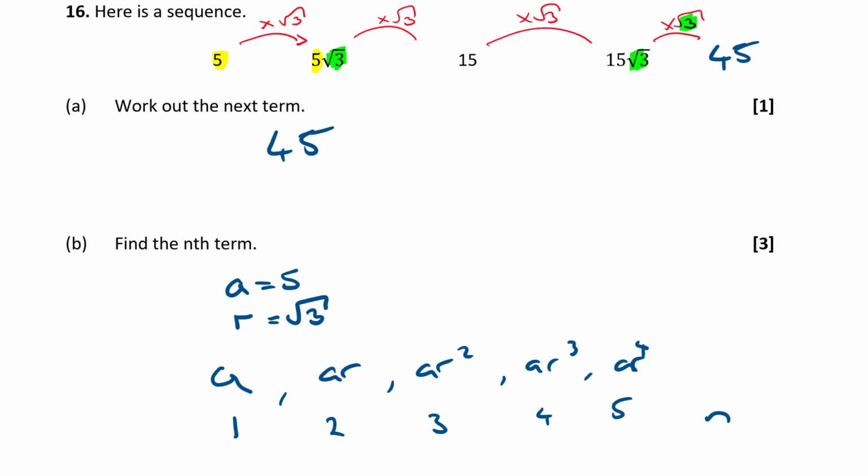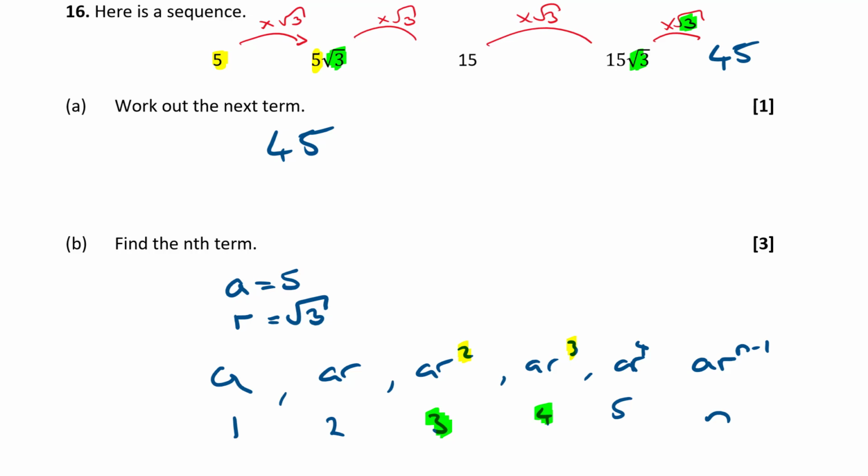So the nth term, what's that going to be? Well, it's going to have an a in it, isn't it? And it's going to have a power of r. Now, I don't know if you noticed that the power of r you get is 1 less than its place in the sequence. So this is the third term, and it has a power of r, which is 2. This is the fourth term. It has a power of r, which is 3. So the nth term is going to be ar to the power of n minus 1.